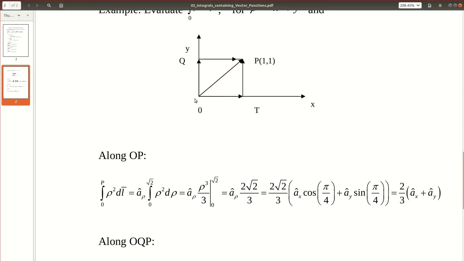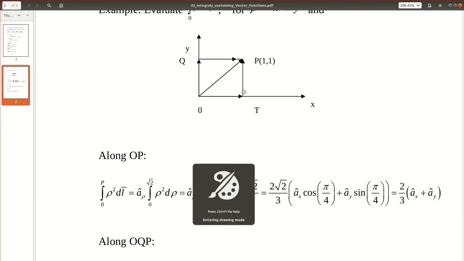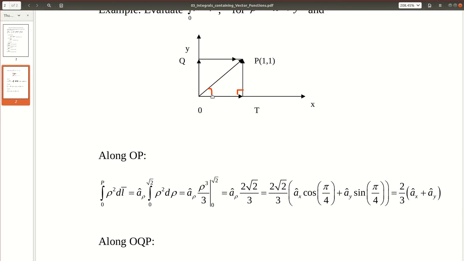Because it's a square, the angle should be 45, or pi over 4, not 90. 90 is pi over 2, so divided by 2 this is pi over 4 here, and this is theta. In the direction of x, you find it as ax cosine. So you can calculate this to find the final result.